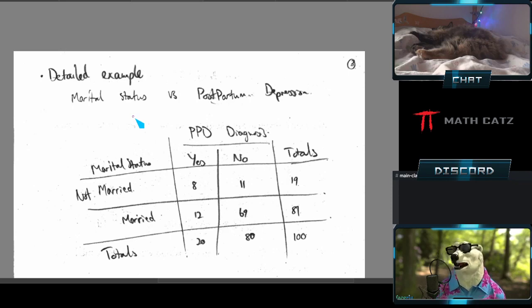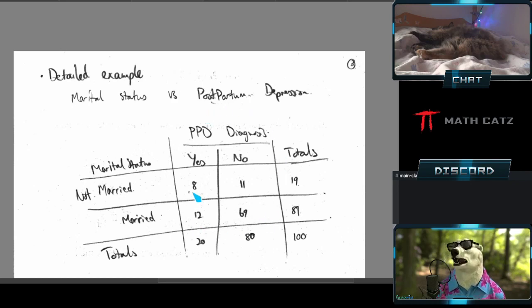Build one and really see how we are going to say things. So let's look at the relationship potentially of marital status versus the possibility of getting postpartum depression after giving birth.